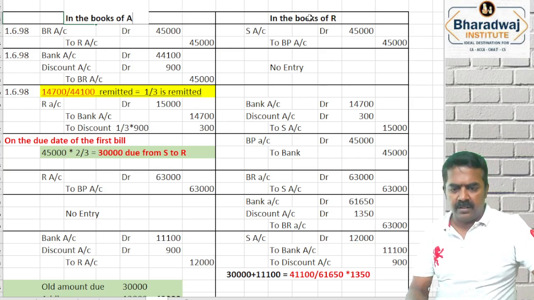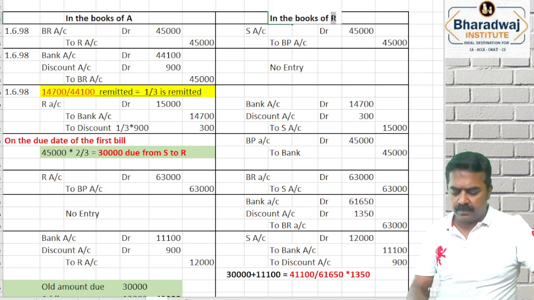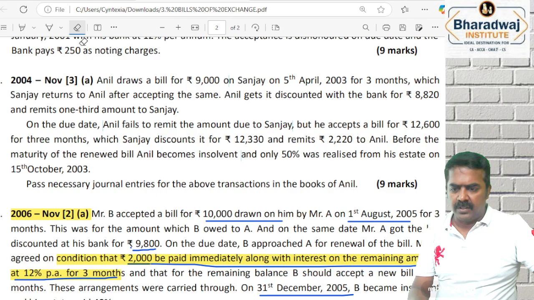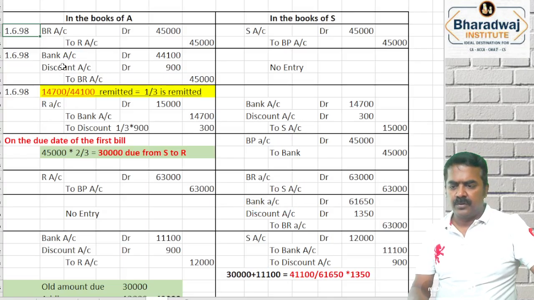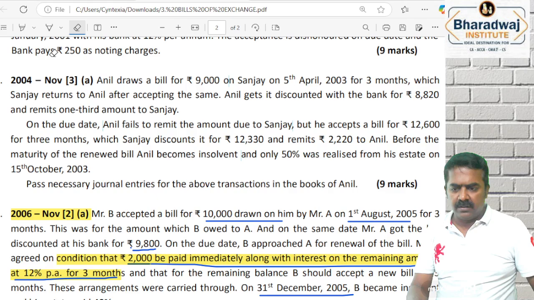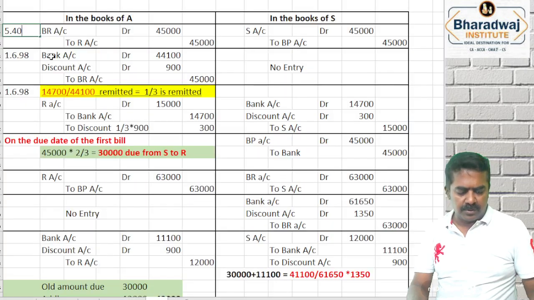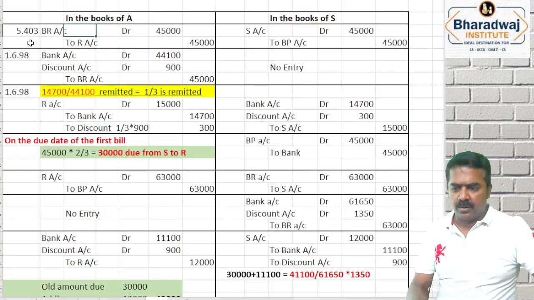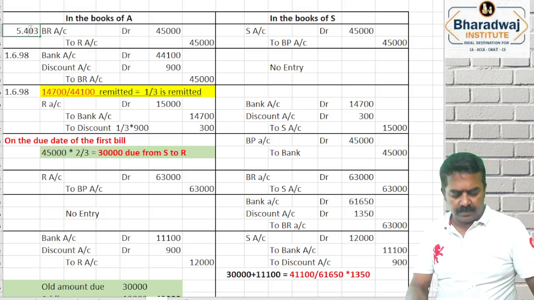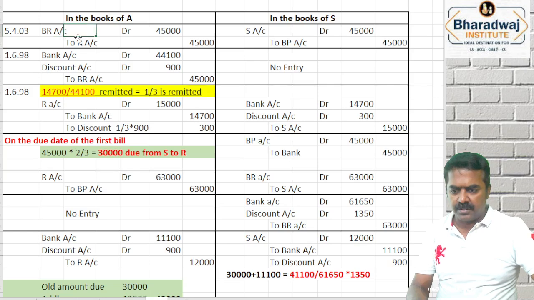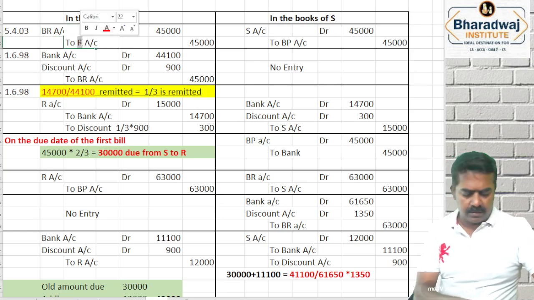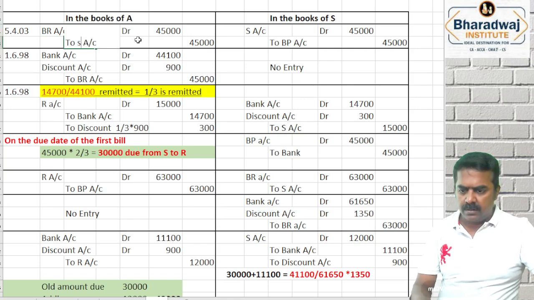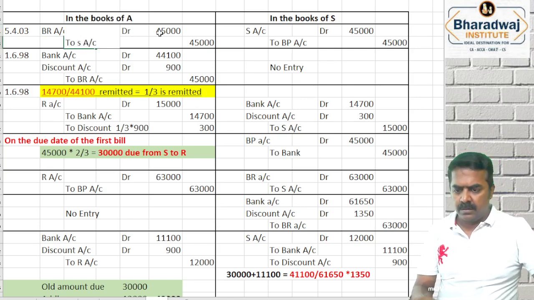Who's the second party in the books of? When is the first bill drawn? 5th April 2003. Bills receivable account debit to which account? Yes, account. How much? 9,000.